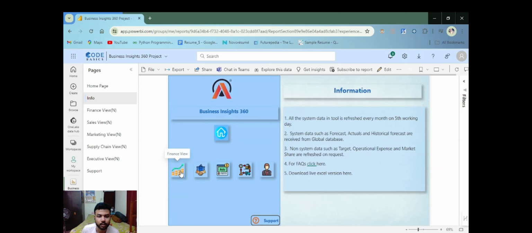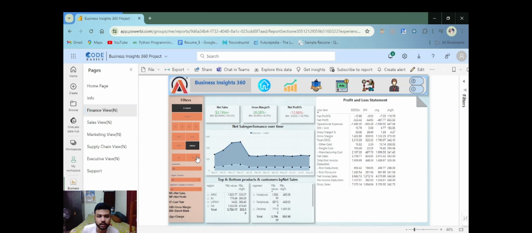Now let's go to our next view, that is the finance view. In the finance view, as we can see, on the left hand side all the filters are present. There is last year versus target, all the 4 quarters, and all the years 2019 to 2022. Here YTD and YTG.